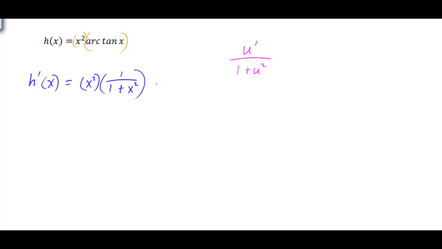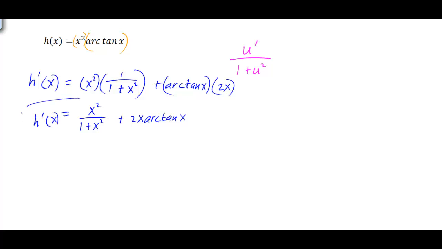Okay, so there's the first part, and then it's plus the second, which is the arctangent of x, multiplied by the derivative of the first, so that's x squared, so the derivative would simply be 2x. And here we have our derivative. And if we simplify this, we could multiply and we would have x squared over 1 plus x squared plus, now move the 2x in front, 2x times the arctangent of x. And this is our derivative of our function.